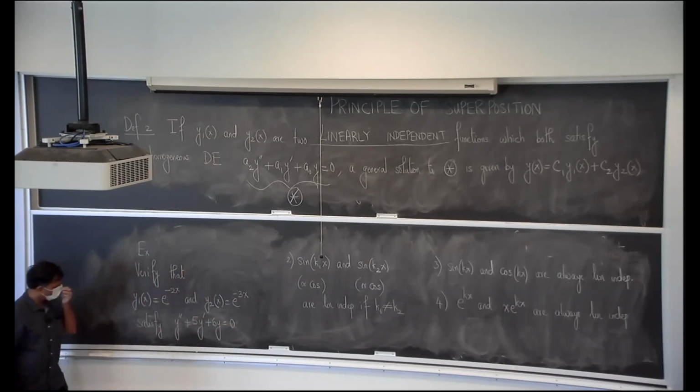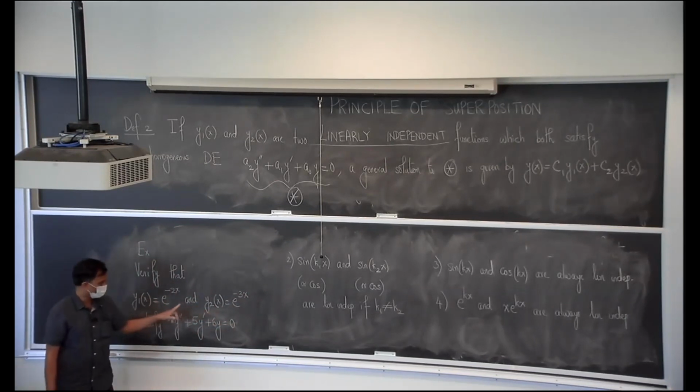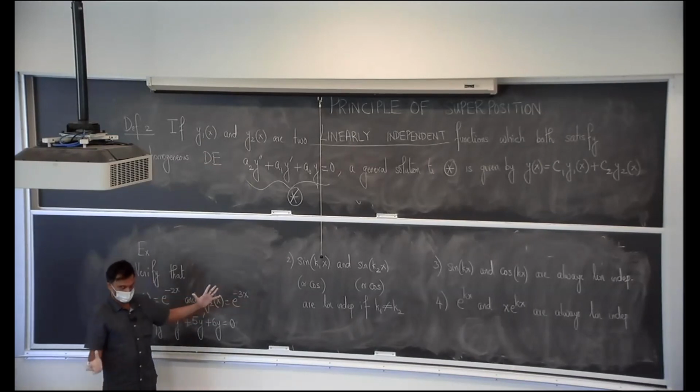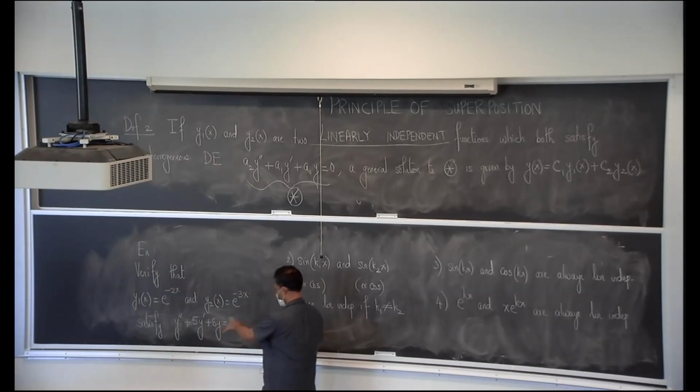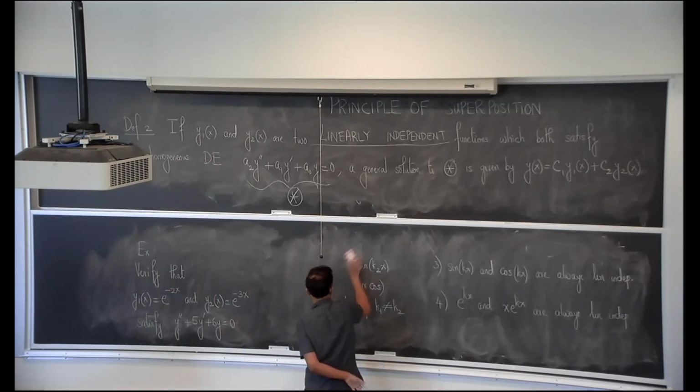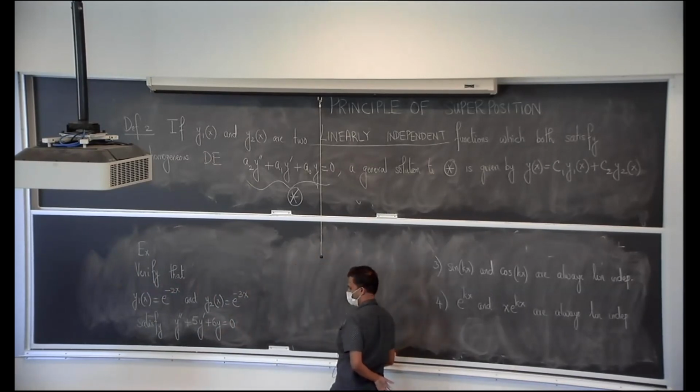Don't forget these are two linearly independent functions, because negative 2 and negative 3 are not the same. So first, verify that each of these satisfies that equation, and then write a general solution.